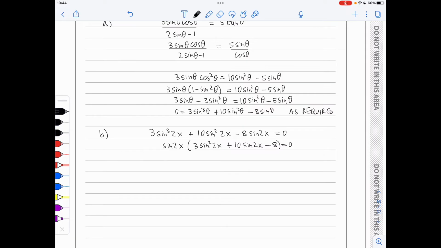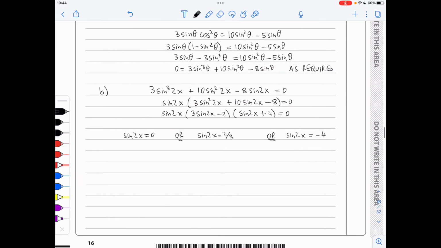And then we can further factorize this into sine of 2x, brackets 3 sine 2x minus 2, brackets sine 2x plus 4 is equal to 0. So either sine of 2x is 0 or sine of 2x is 2 over 3 or sine of 2x is negative 4. Obviously this last part is rejected. You can never have the sine attaining a value of negative 4. It's always between minus 1 and 1. So we say reject, not valid.